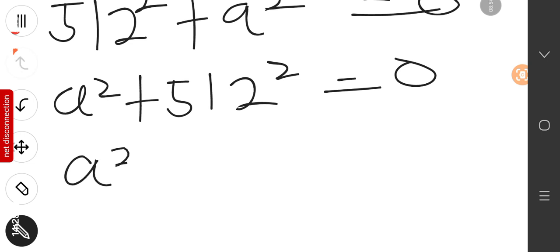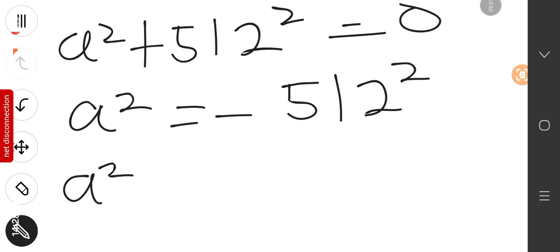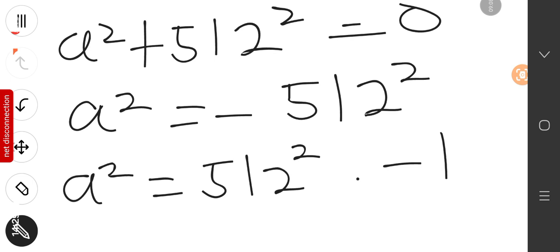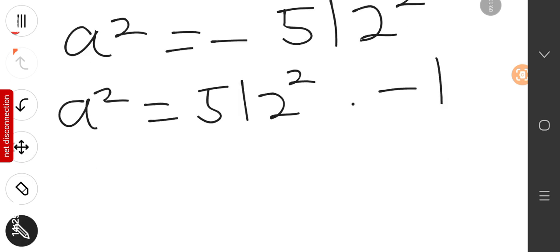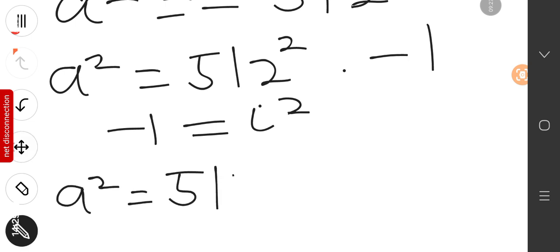So you're going to have a squared equals minus 512 squared. Now you're going to have a squared equals 512 squared times minus 1. We can say minus 1 equals i squared. So in place of minus 1 we can write i squared. So we have a squared equals 512 squared times i squared.